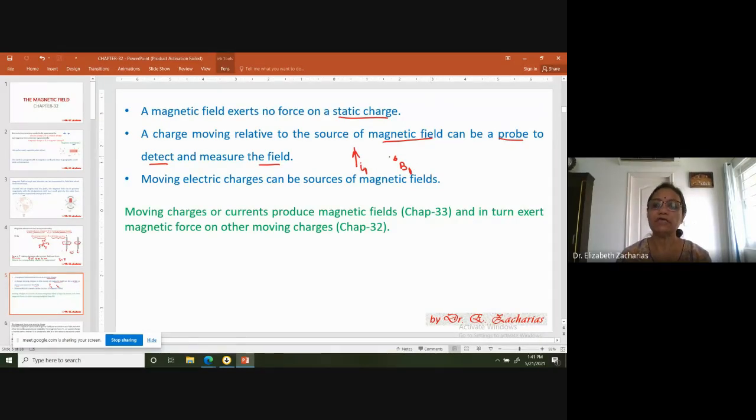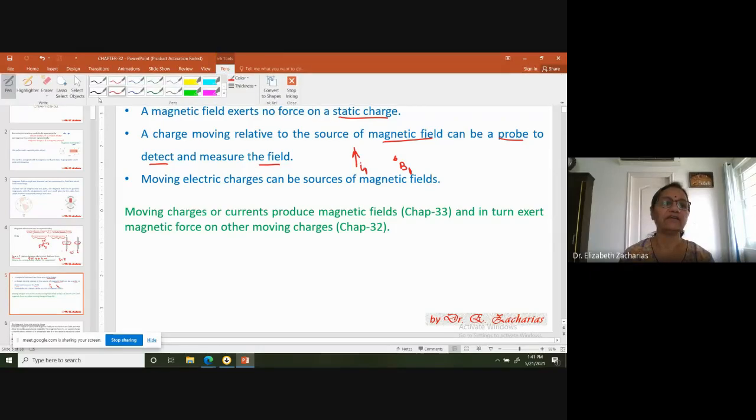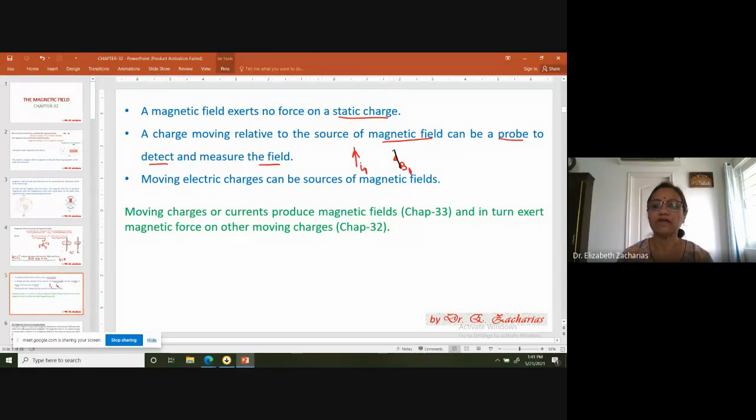Now if I put another current carrying conductor I2 here, then the force that I2 will experience will help me in measuring B1. Or this moving charge or the current carrying conductor I2 can be a probe for measuring the field set up by the first current. I hope this point is clear.